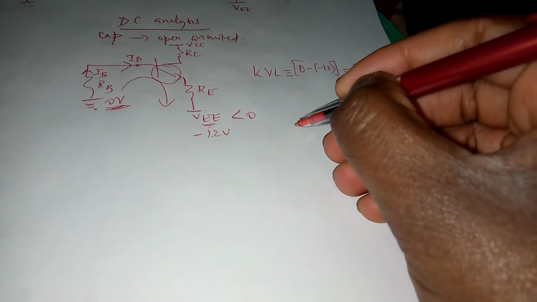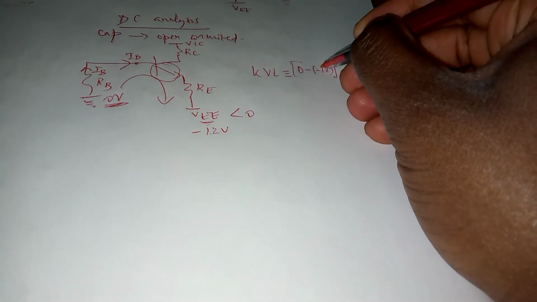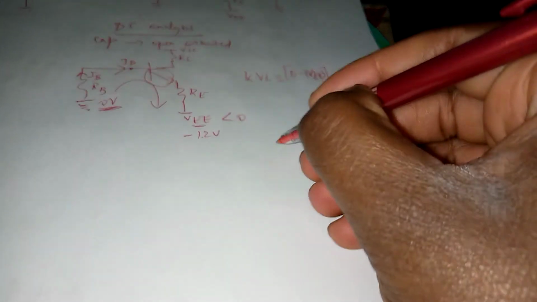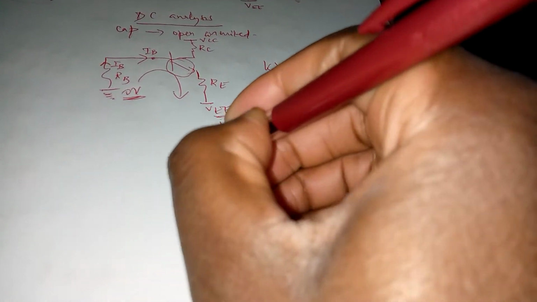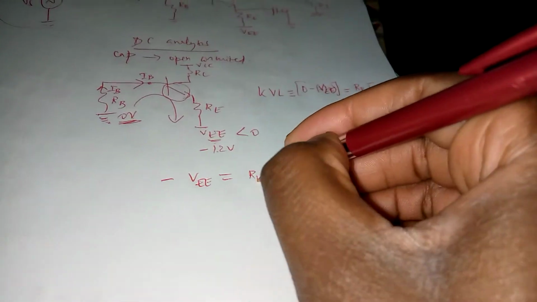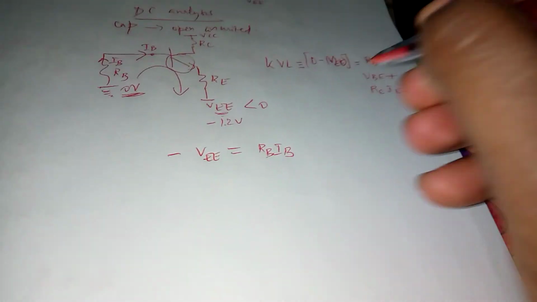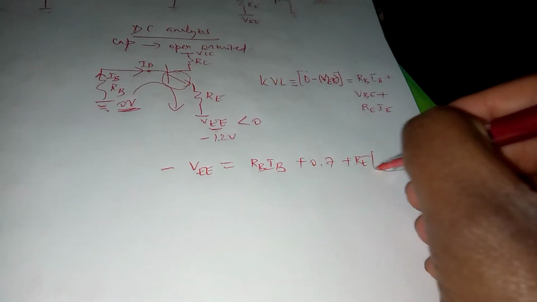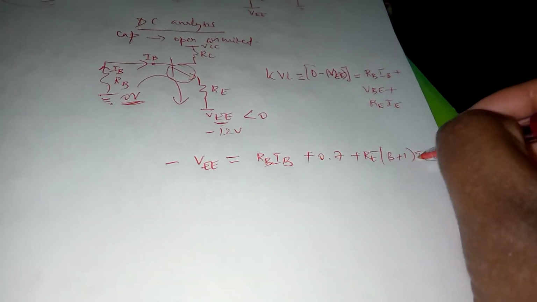So that leads to 0 minus VEE basically. 12 was just an example. So that will be minus VEE equals RB IB plus 0.7 plus RE times beta plus 1 IB.